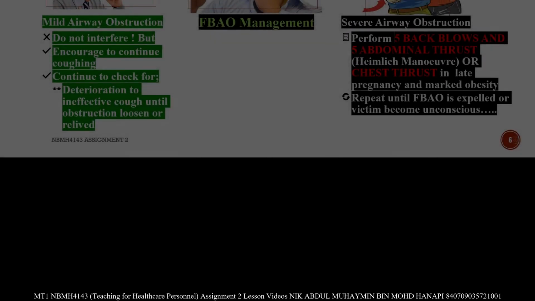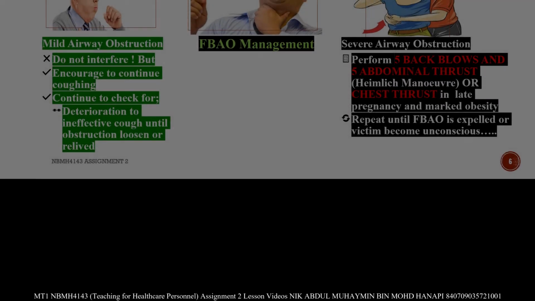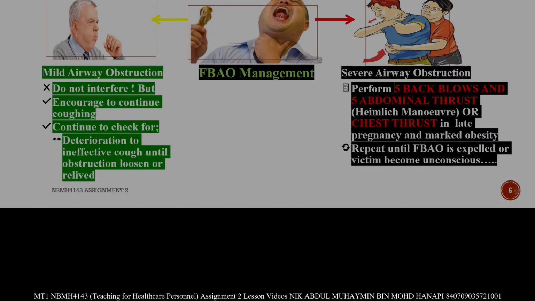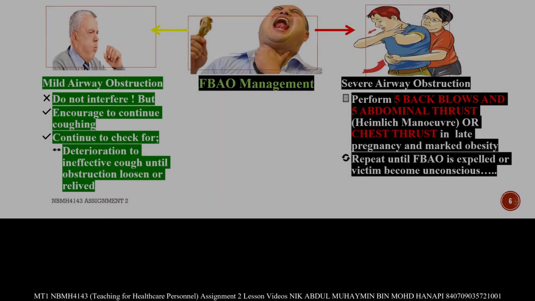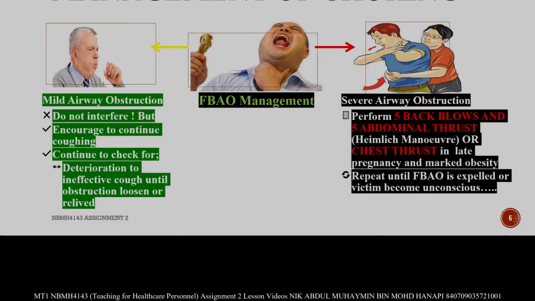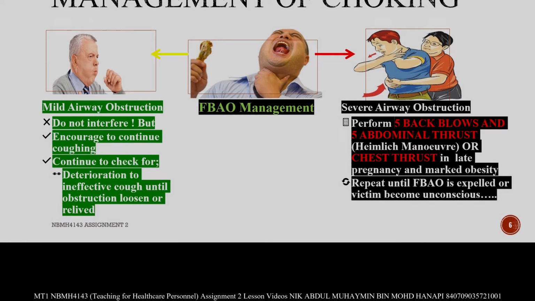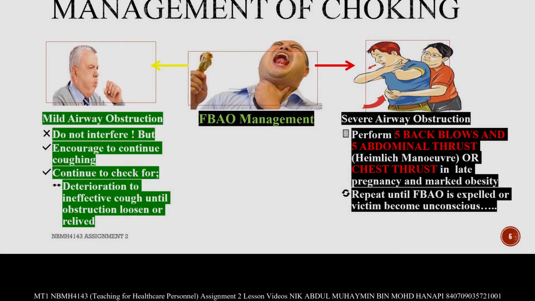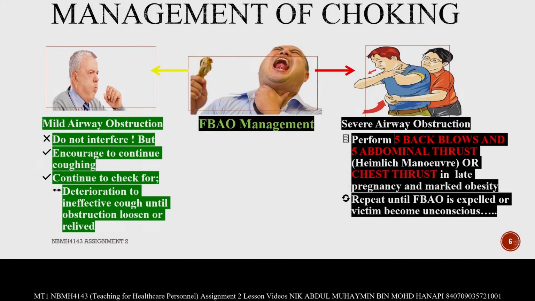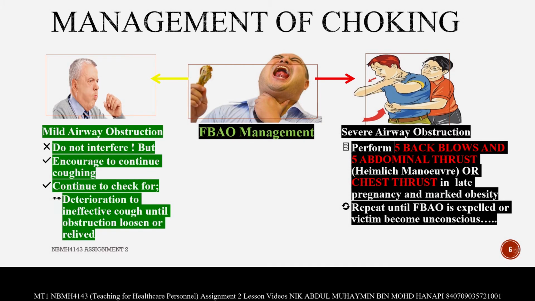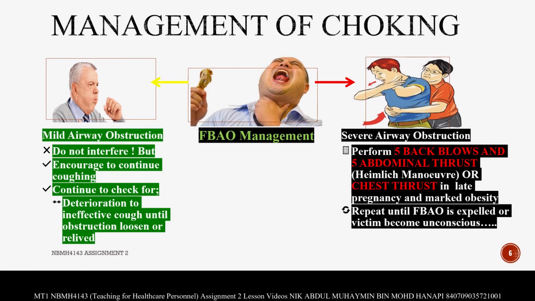Now let me highlight once more how we can manage an adult choking conscious victim. If the victim has mild airway obstruction, do not interfere but encourage the victim to continue coughing and attempt to expel the foreign body from their throat, or wherever the foreign body is in their airway, by themselves.